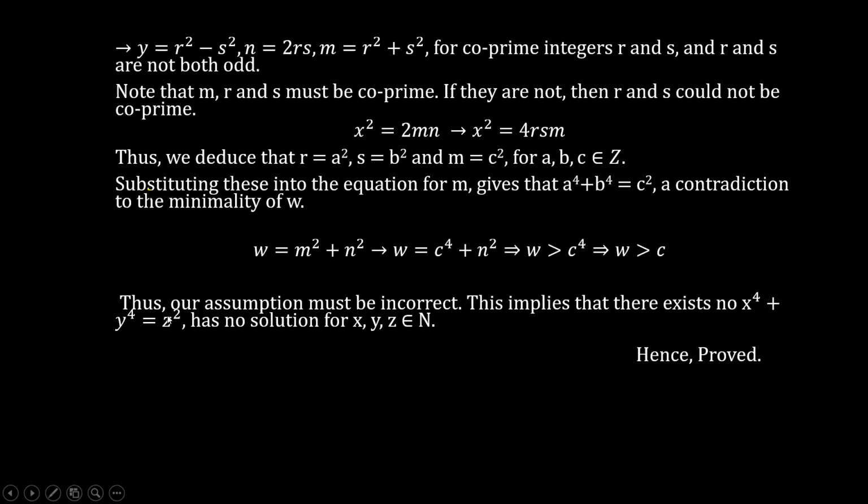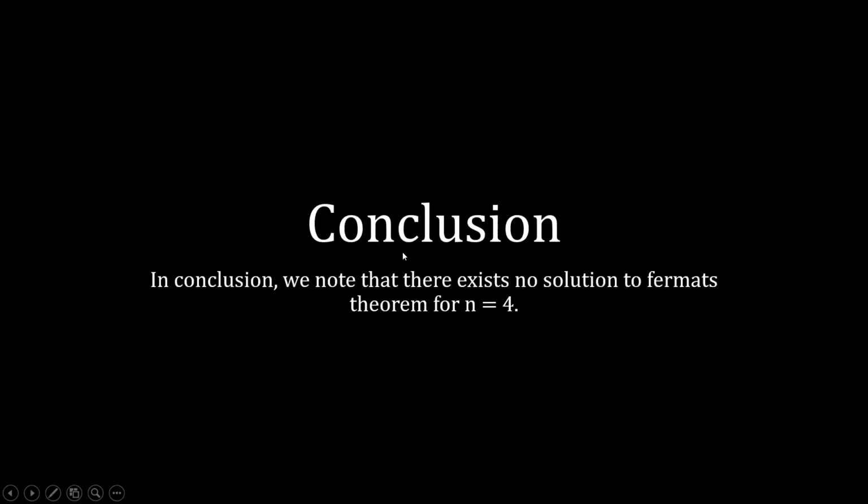And because we knew that z is w squared, it proves that x raised to 4 plus y raised to 4 equal to w raised to 4 has no solutions in natural numbers. So in conclusion, there exists no solution to Fermat's theorem for n equal to 4.